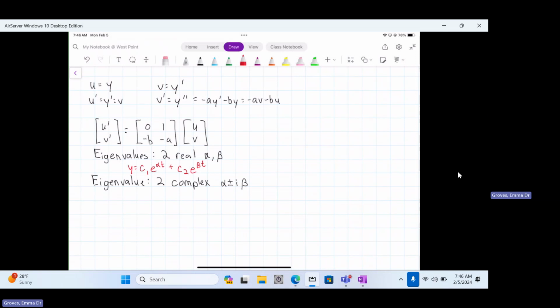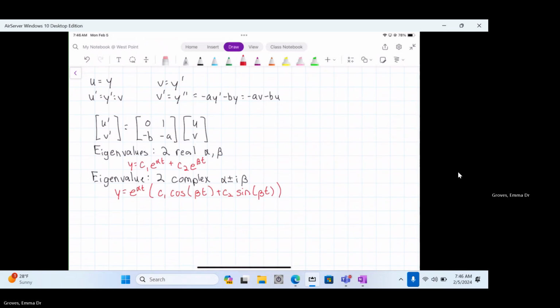So it was y equals e to the alpha t, and then C1 cosine of beta t plus C2 sine of beta t. Since I put the parentheses, you don't have to distribute the e to the alpha t, or you can write it out without parentheses, distributed.